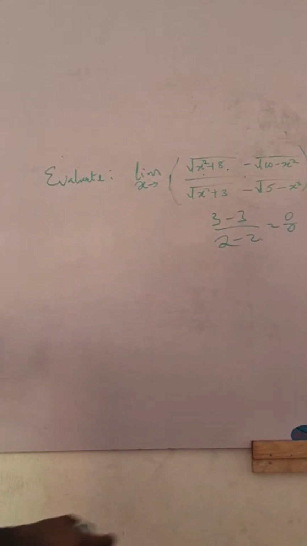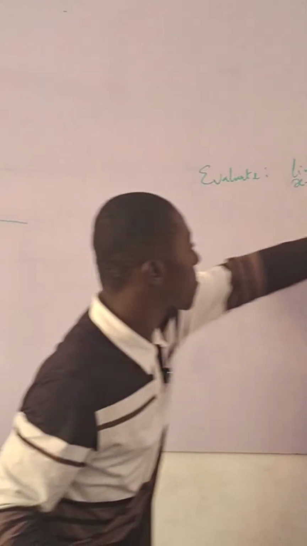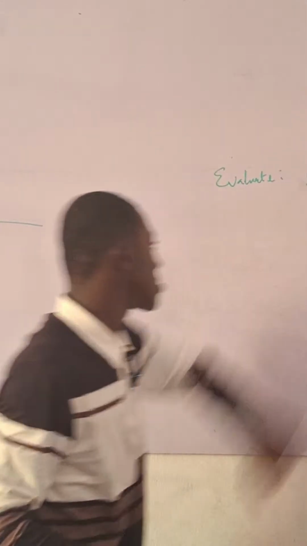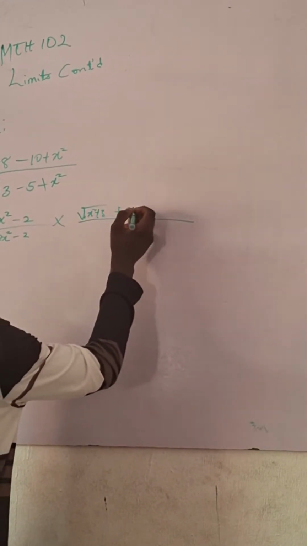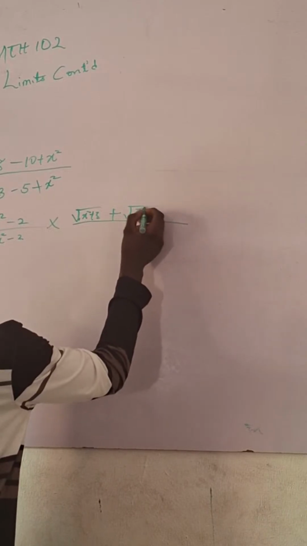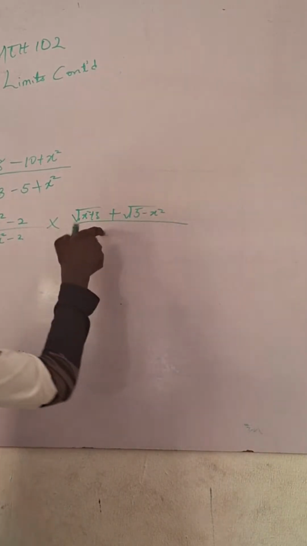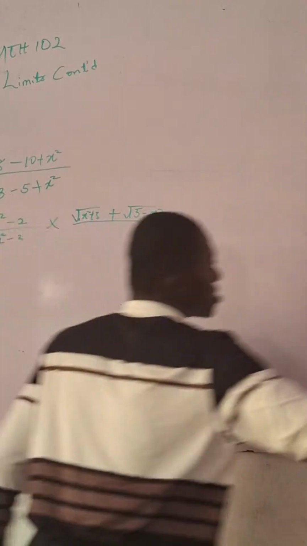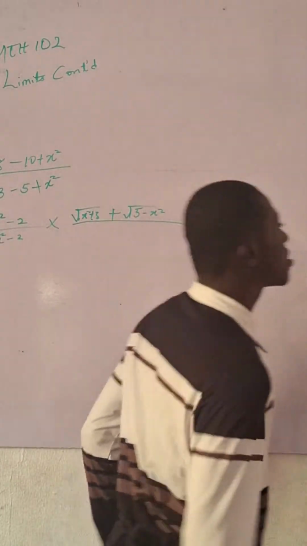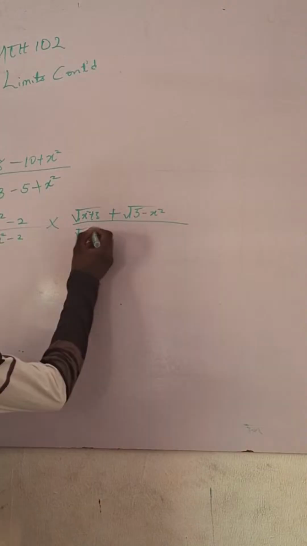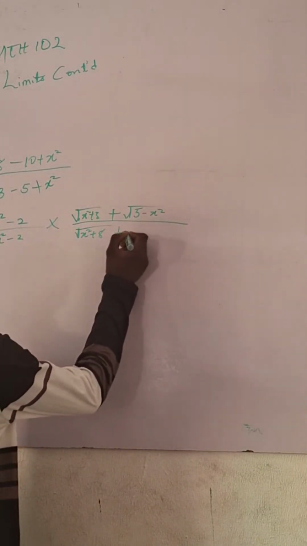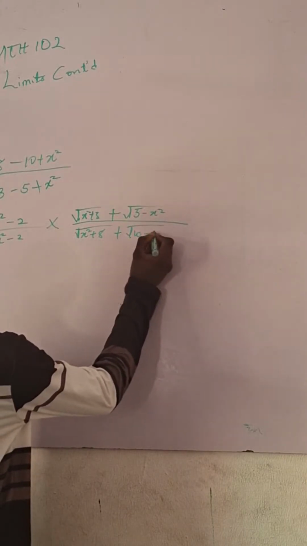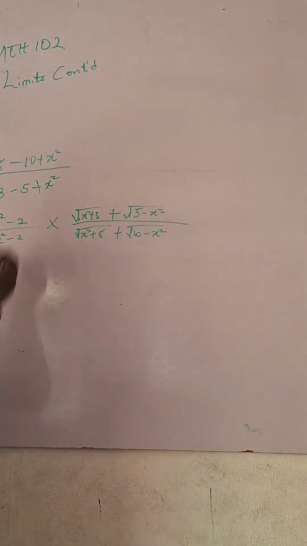That will be the square root of x squared plus 3 plus the square root of 5 minus x squared. Then for the denominator, you pick the conjugate of your numerator. That will be the square root of x squared plus 8 plus the square root of 10 minus x squared.